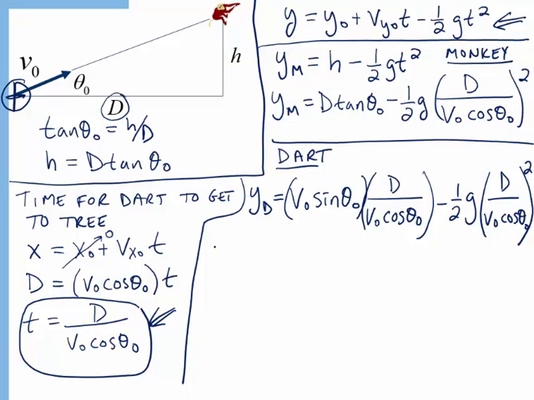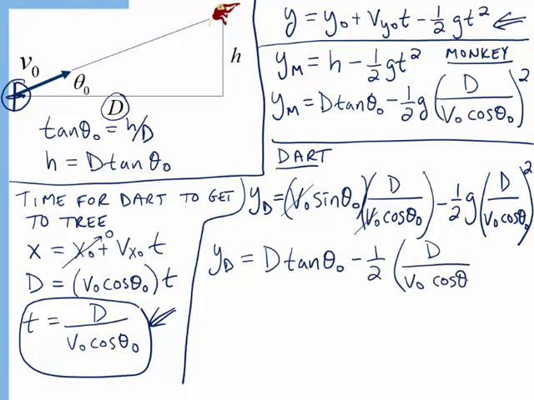Let's simplify that first term. Notice v naught and v naught cancel out, and I get sine over cosine, which we know is tangent. Therefore, that first term becomes d tan theta naught. The second term is still 1/2 parentheses d over v naught cosine theta naught squared.